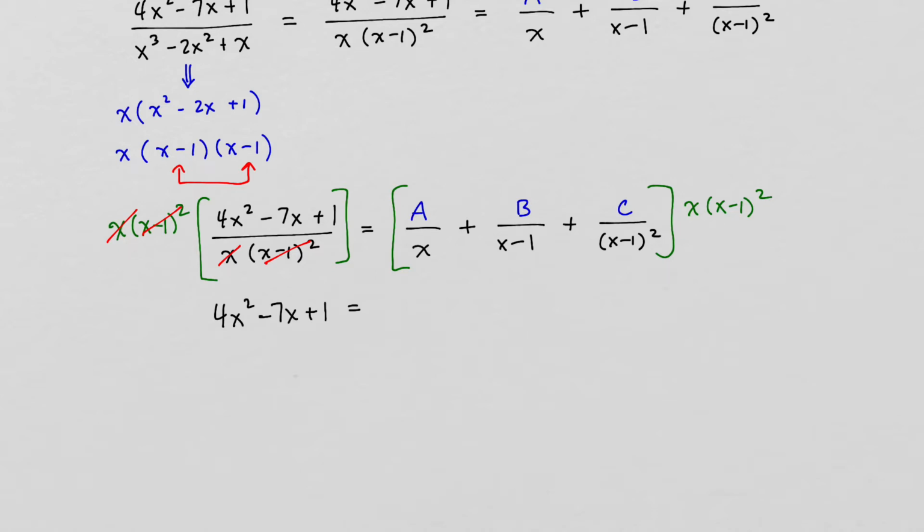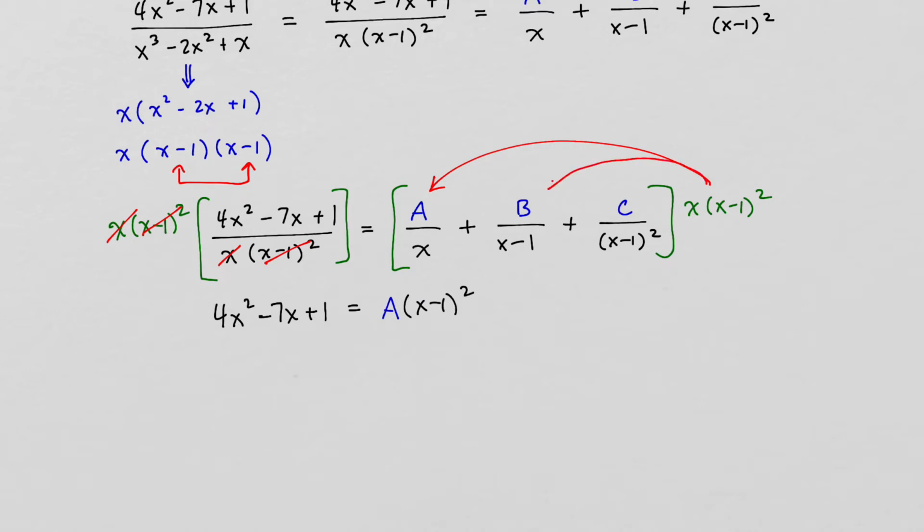On the right-hand side, when we distribute here, you should be able to see that the x factor here and the x factor here are going to cancel out, but we have the a left over, and we also have (x minus 1) squared left over. So we have a times (x minus 1) squared.